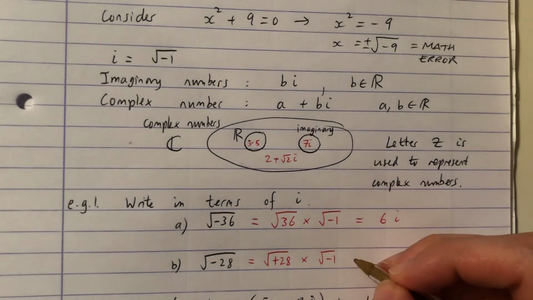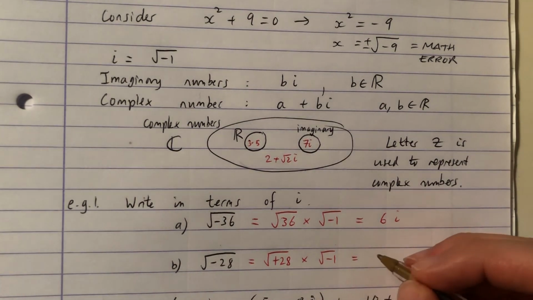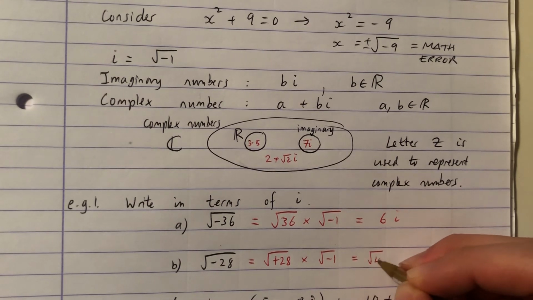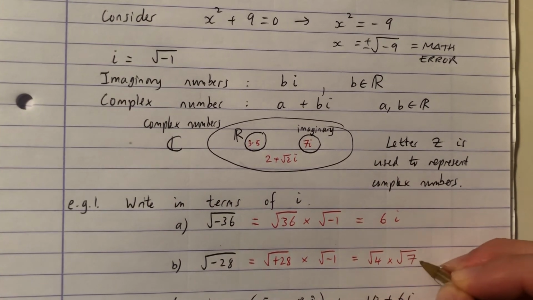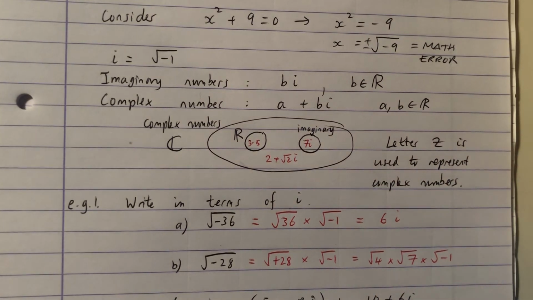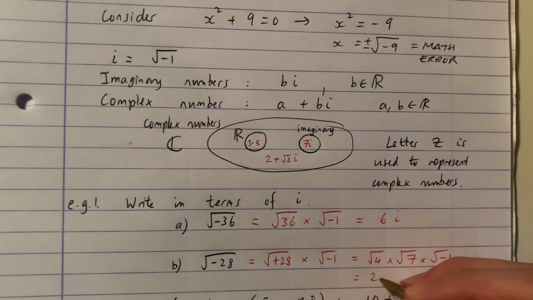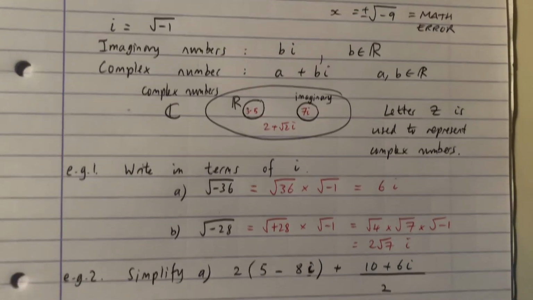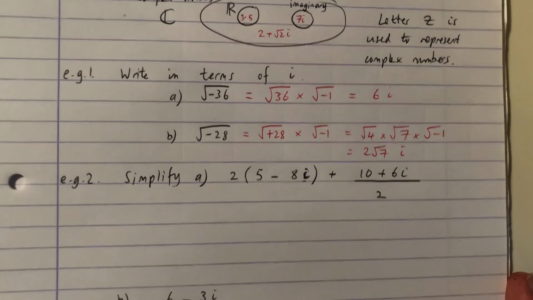But then you should know that root 28 is root 4 times root 7 times root negative 1, which is the same as 2 root 7i. So the coefficient of that is 2 root 7. Now, that makes sense. That's intuitively what you would do.